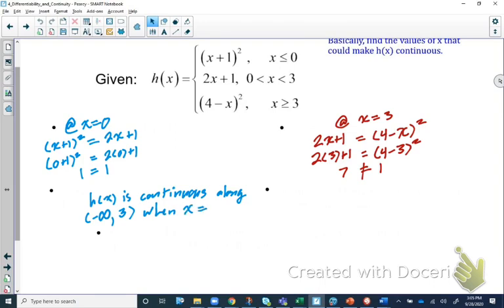when x is equal to 0. And the reason why is that the limit of the function as, in this case, x approached 0 from the left side equaled the limit of the function as x approached 0 from the right side.